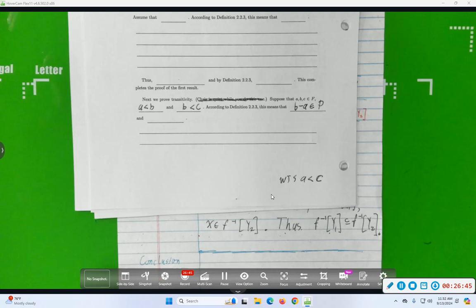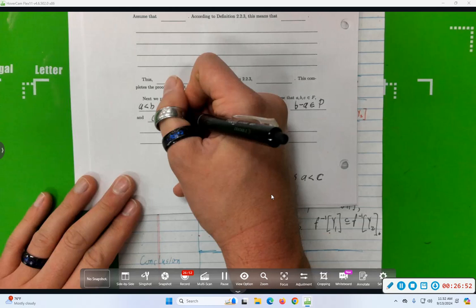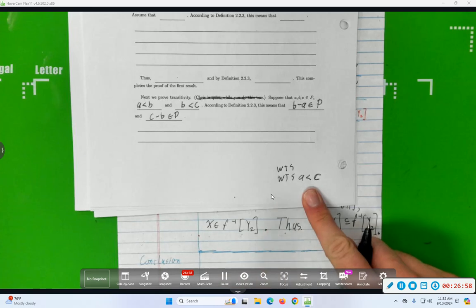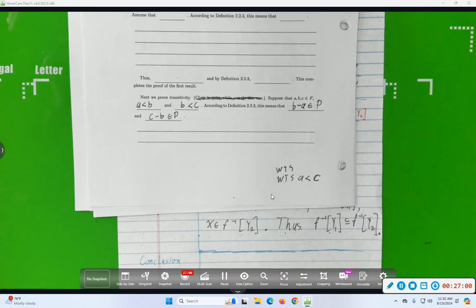I know that B is less than C. C minus B is positive. And let's also think about the want to show. This down here won't be part of the proof, but it's going to tell us what we want to show. We want to show A is less than C, so what do we want?